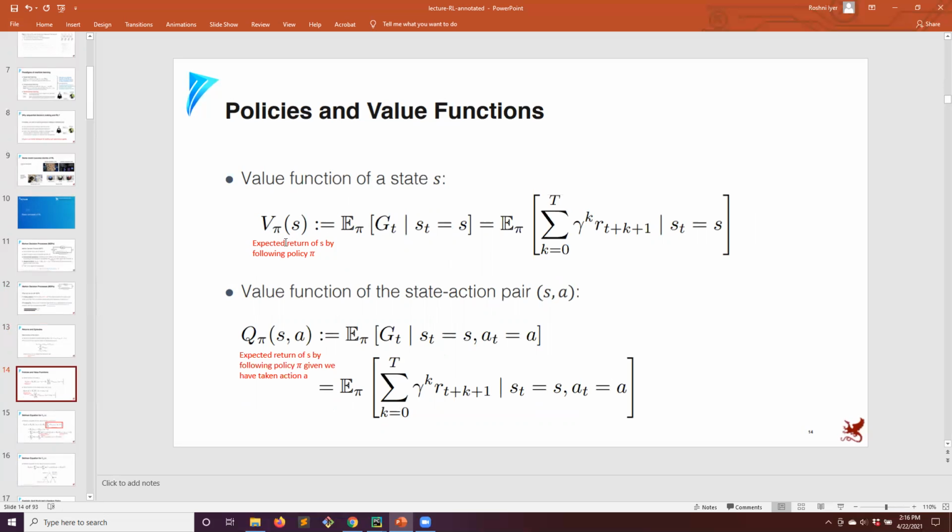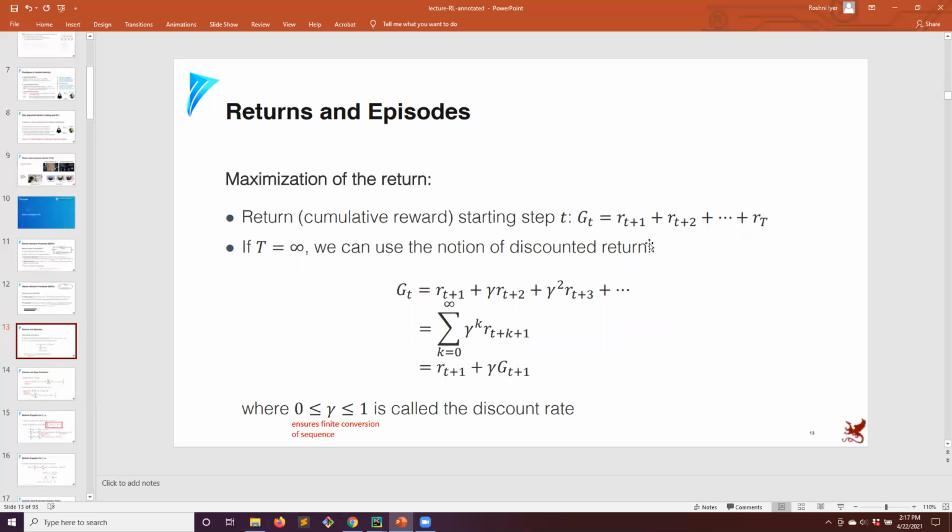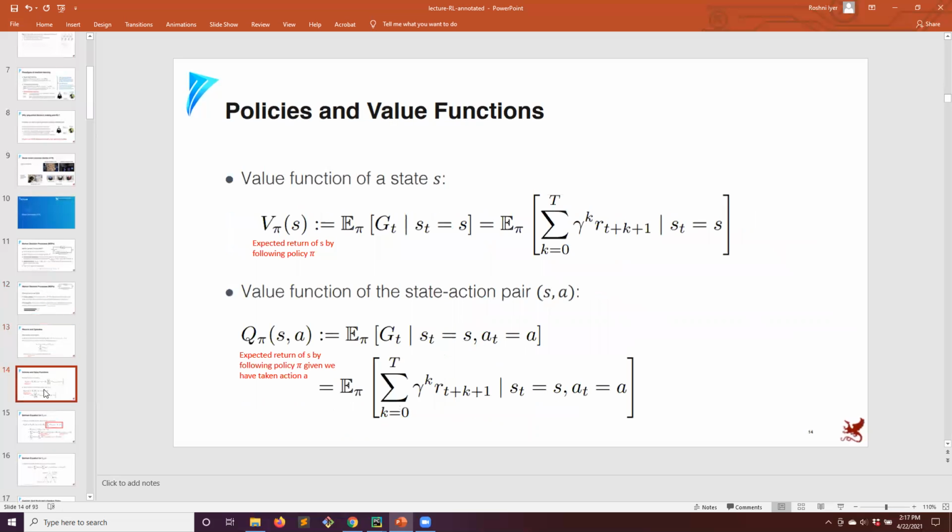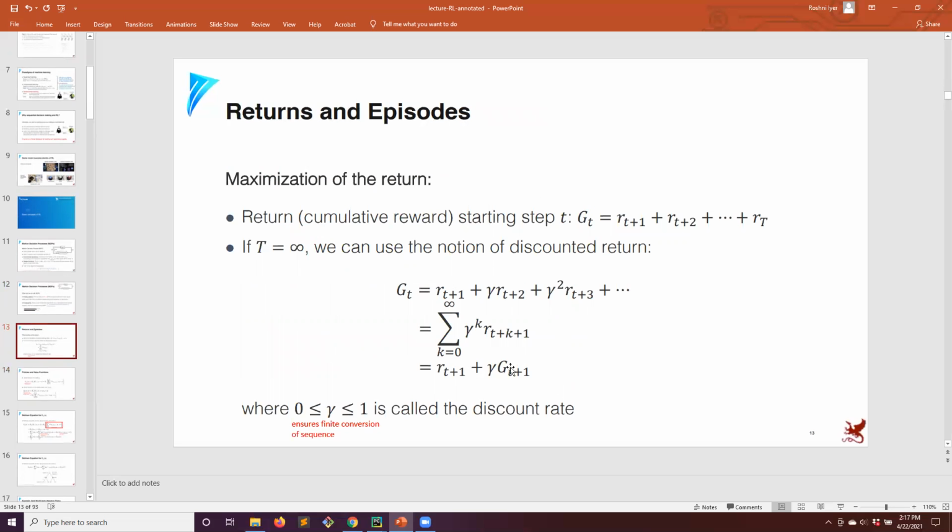This is under a policy pi given a state S, and we can interpret this as the expected return of the state S by following that policy. It can be rewritten as the expectation under the policy of G_t, which we just computed, given the state S_t. And we can rewrite it this way, again, following this.